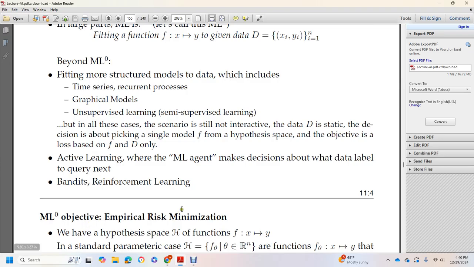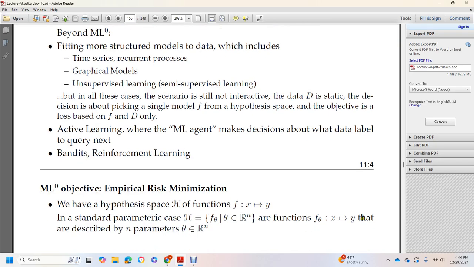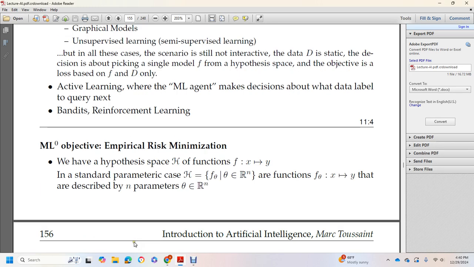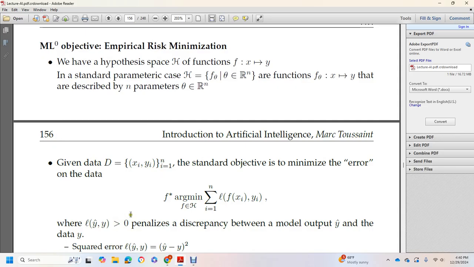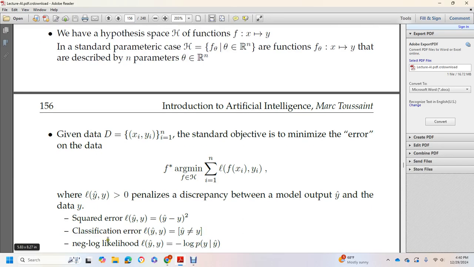The machine learning objective is empirical risk minimization with hypothesis space functions. In the standard parametric case, our functions are described by parameters theta, and given the data, the standard objective is to minimize the error on the data, where L of y-hat, y, greater than or equal to 0, penalizes the discrepancy of the model output y-hat from the data y.